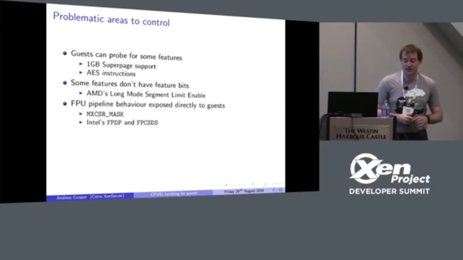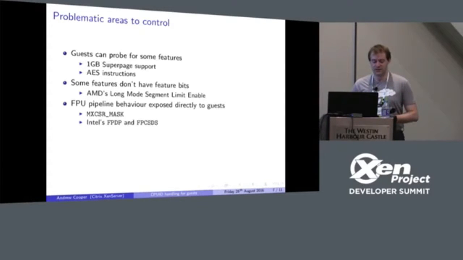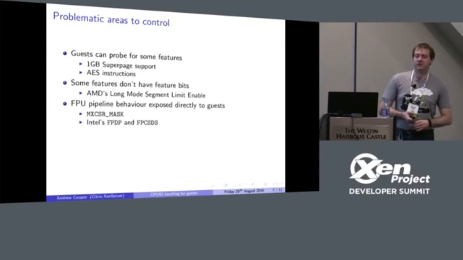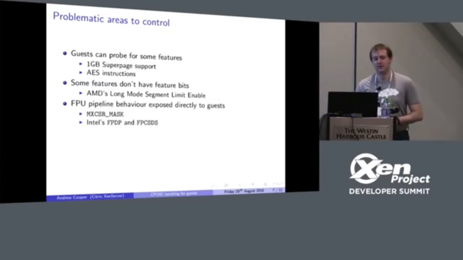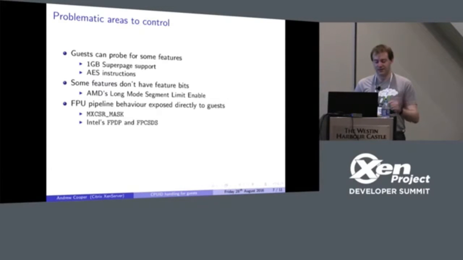Other bits, the FPU pipeline is particularly problematic when it comes here. The MXCSR mask is the control bits to control things like rounding in the MMX pipeline. And the way you grab that piece of information is to execute an fxsave instruction and read it out of one of the areas.